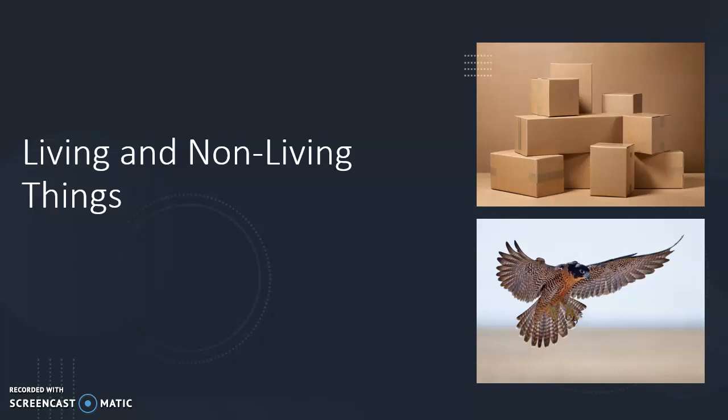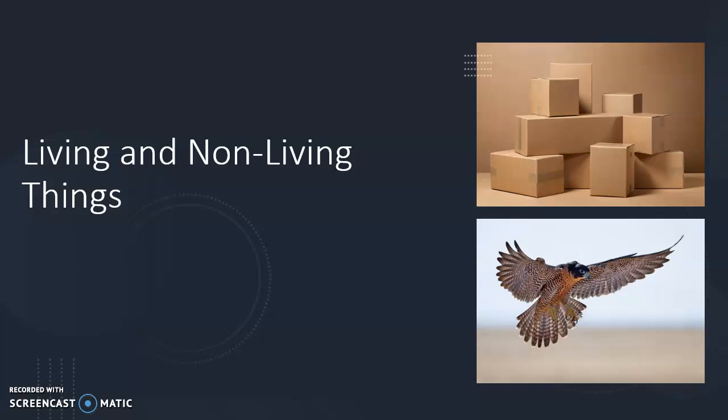So what is the difference between a living and non-living thing? Well, even children have an idea that a rock is not living and a bird is. A box is not living and a tree is. A flower is alive, but the air is not.